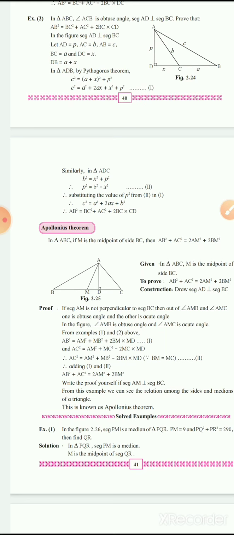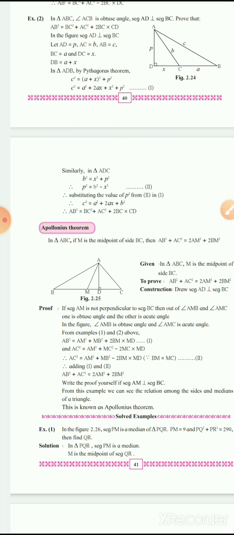In a triangle ABC, if M is the midpoint of side BC, then AB square plus AC square is equal to 2AM square plus 2BM square.